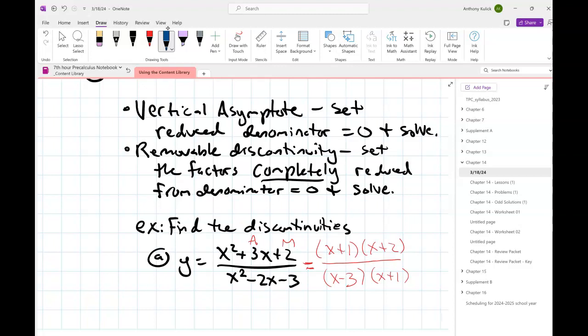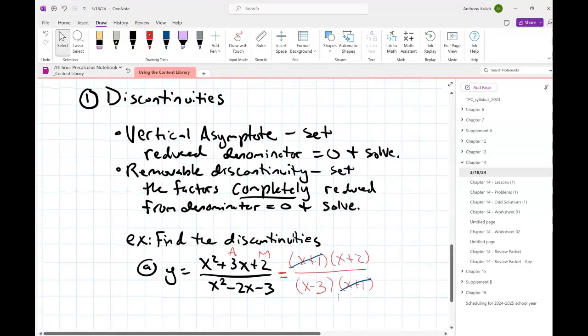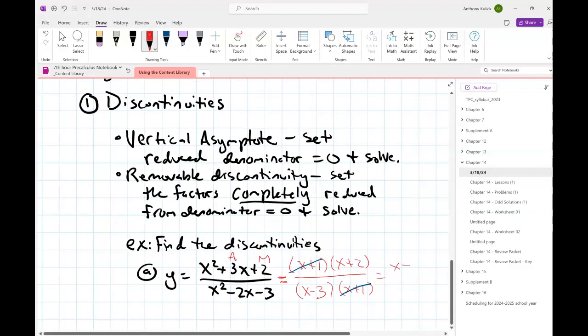The x's aren't factors. A factor is a thing in the parenthesis. Is there a factor that's the same? The x plus 1s, right? Because there's x plus 1 on top and on bottom, we can reduce those out. So what is our reduced answer?